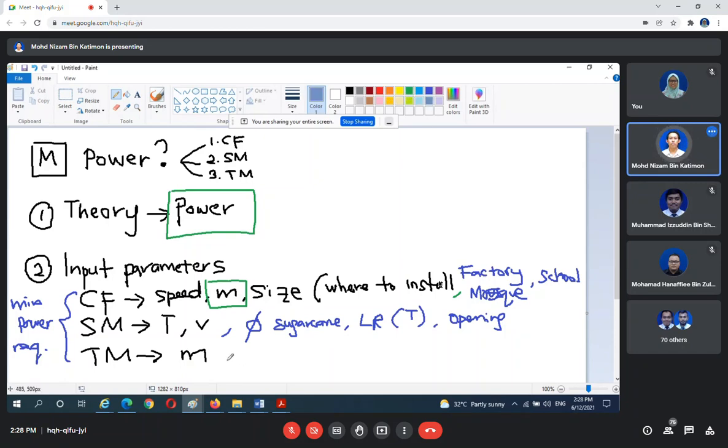trommel machine. What is the purpose of your trommel machine? Is it for food? Is it for food separating? Is it for mining? Or others?